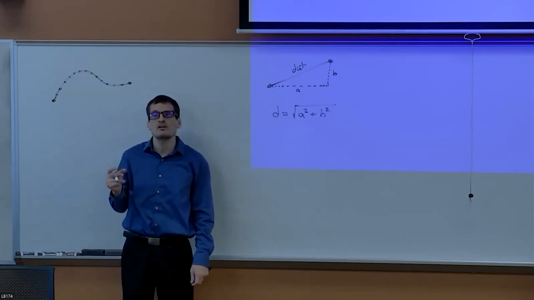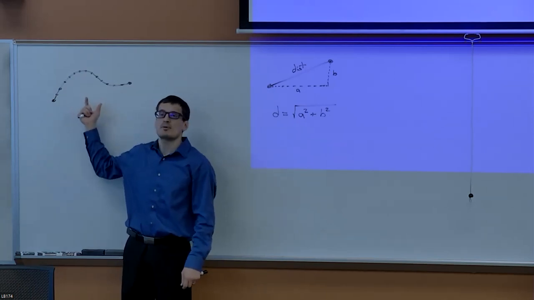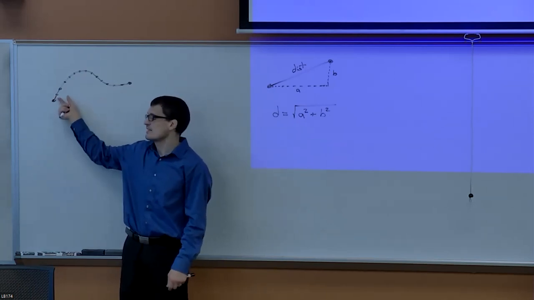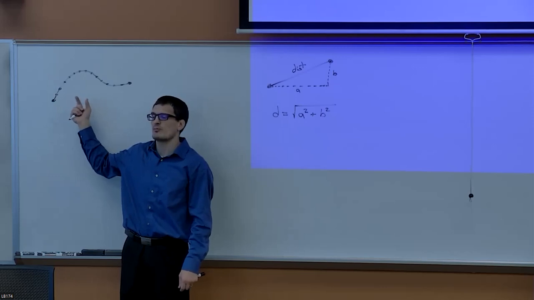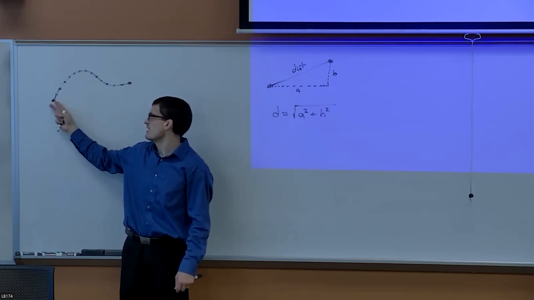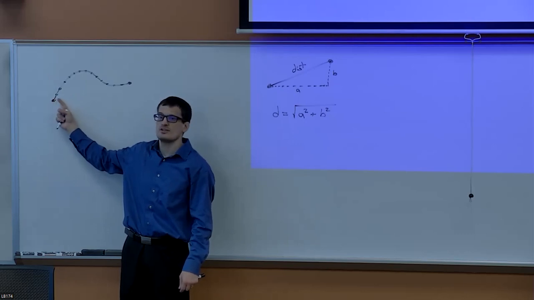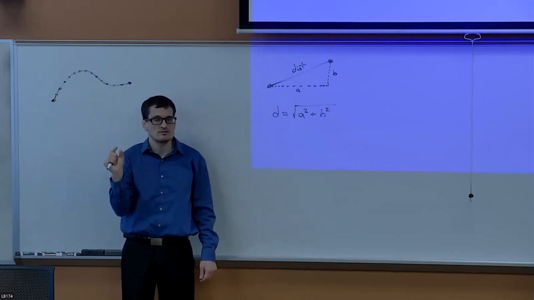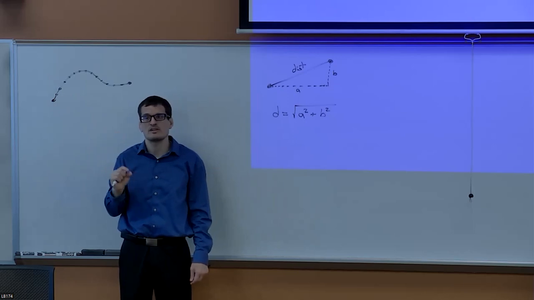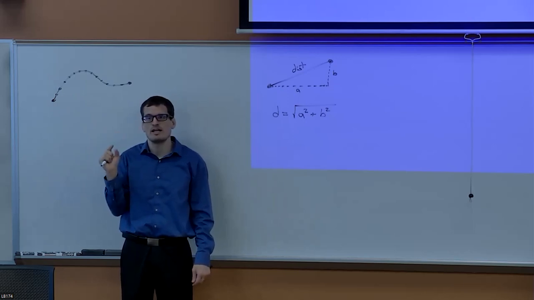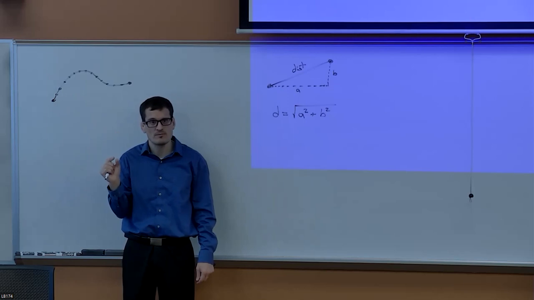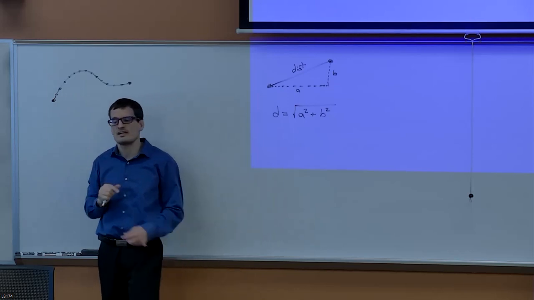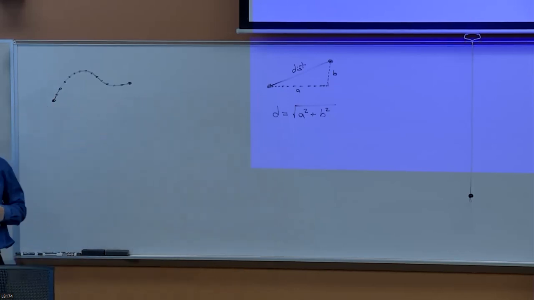And so to find arc length, we're just going to keep that process and keep adding more and more points by letting the distance between point 1 and point 2 get smaller and smaller and smaller. In other words, the limit of the distance between the points goes to 0, and we're adding a bunch of straight line distances.